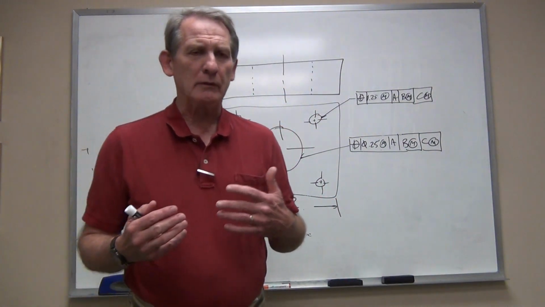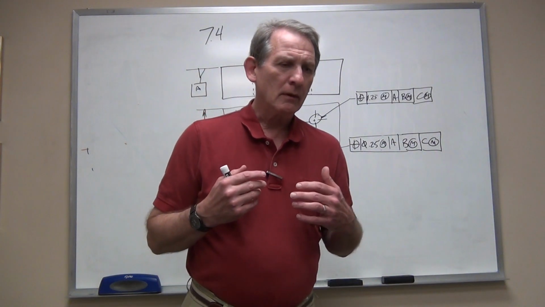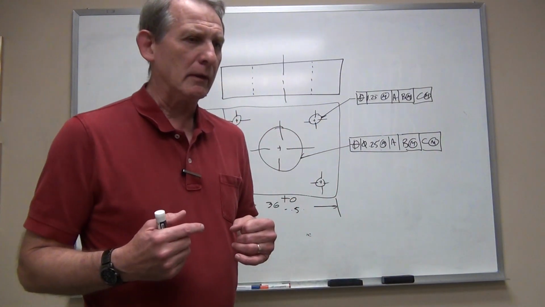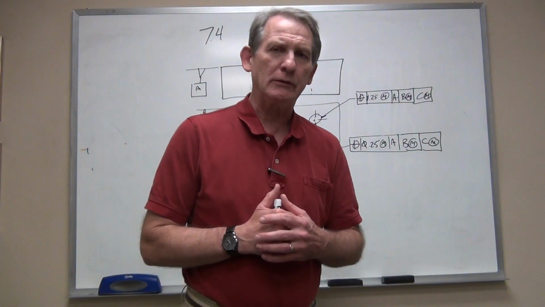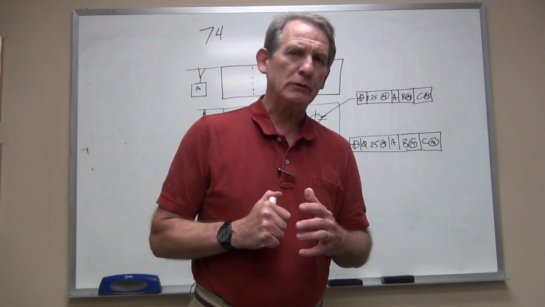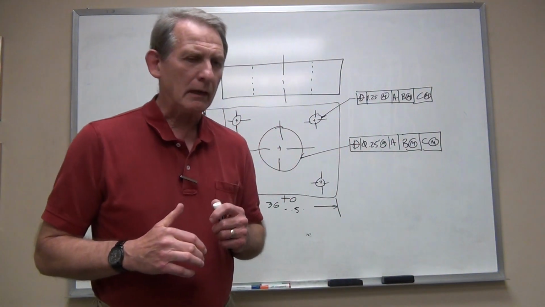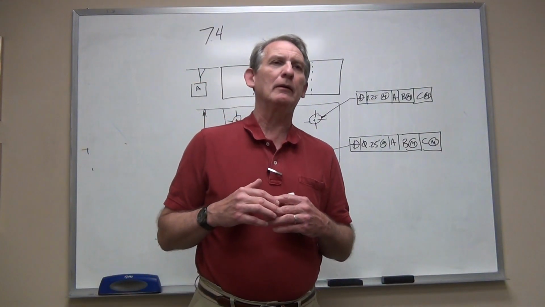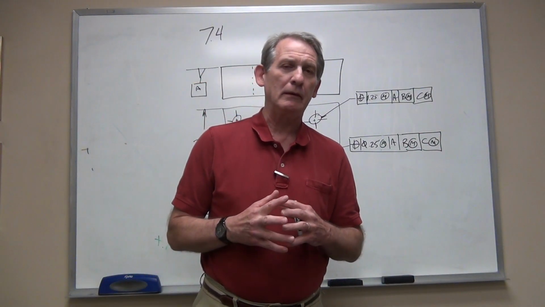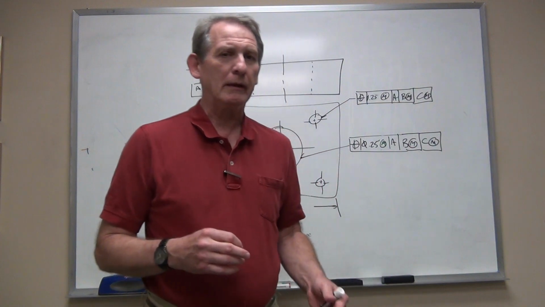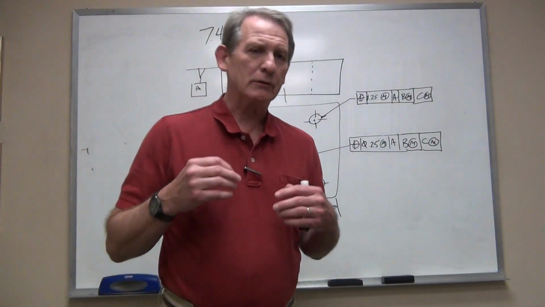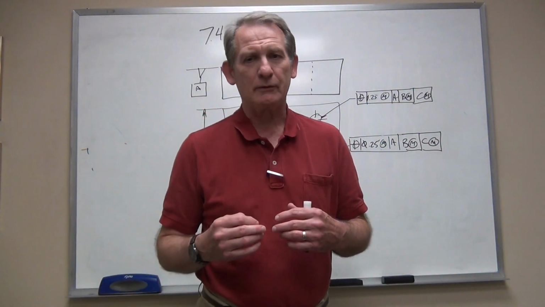When we get into things like concentricity and symmetry, that changes a little bit. But I always want you to remember that tolerance zones can be a lot of different things. They can be parallel lines, parallel planes, cylinders, concentric circles.